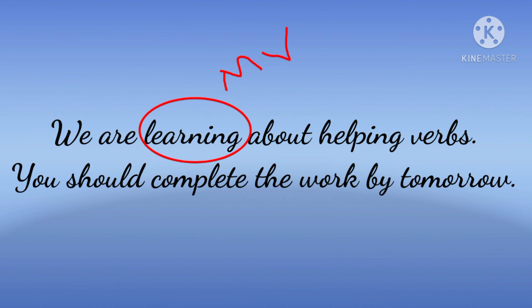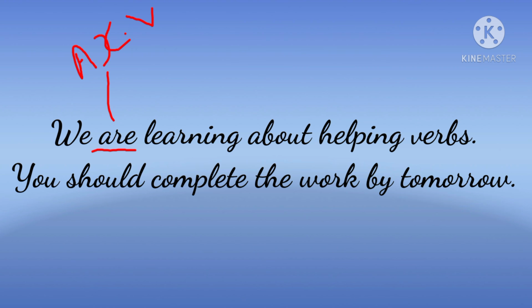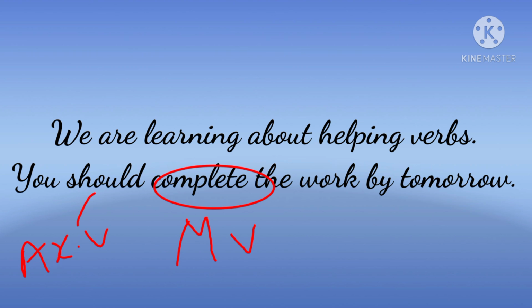Which word is supporting or helping the main verb here? Yes, are. So are is the auxiliary verb here. Take the second sentence. You should complete the work by tomorrow. Here main verb is complete and auxiliary verb is should.